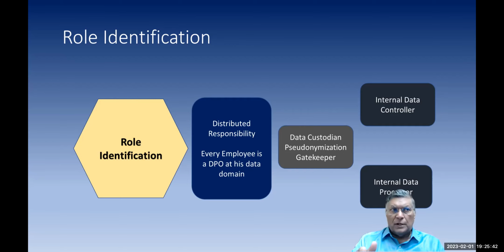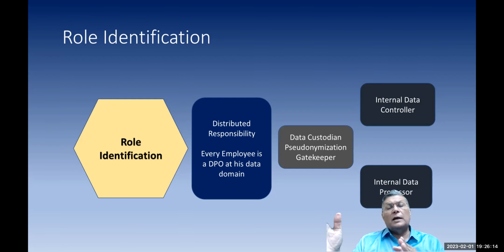And for this purpose, we have worked on a particular software which Guna was working along with our friend here. Of course, it is still not commercially perhaps ready, but the point is that out of these thousands of employees in an organization, only that gatekeeper, who may be one person or maybe a team of 2-3 persons, will be the person who has access to real identified personal data.